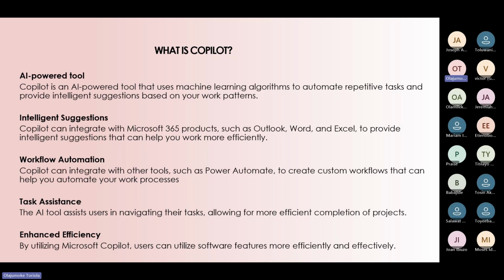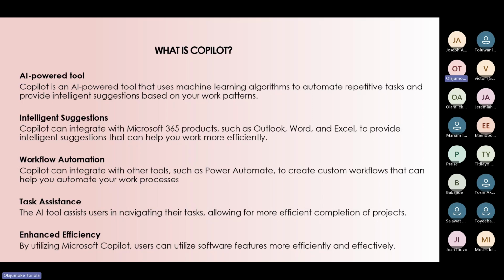So Microsoft Copilot is an AI tool that leverages what we refer to, and which we've been talking about since last weekend, large language models, along with your internal enterprise data from the Microsoft Graph, which we're going to look at, and then the Microsoft 365 applications.